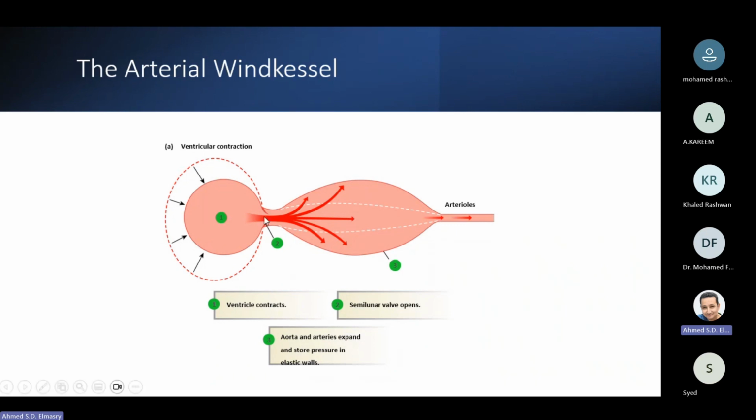Almost 50% of the blood flow will be directed to the distal organs, and the other 50% will be stored in the wall of the aorta, because the aorta is very compliant and distensible.